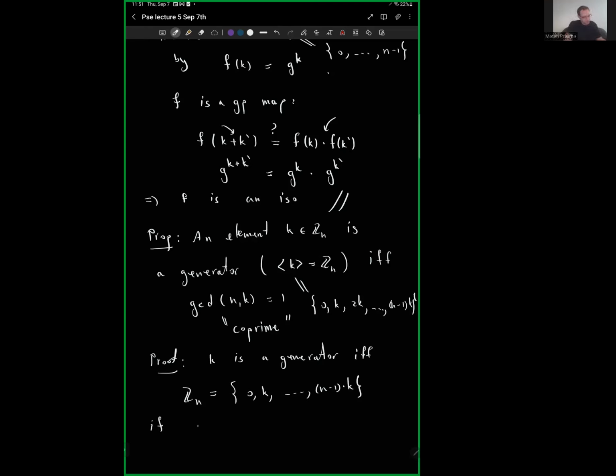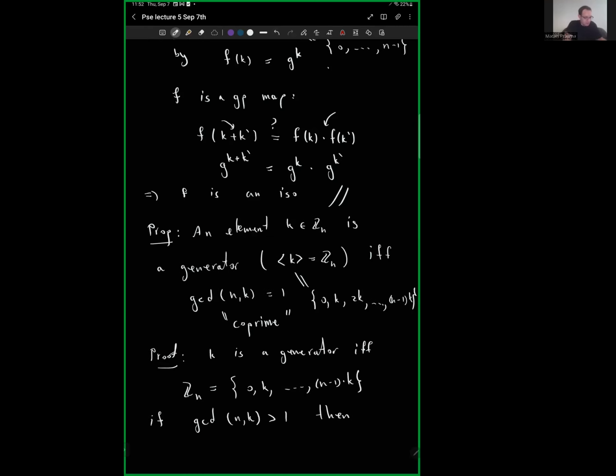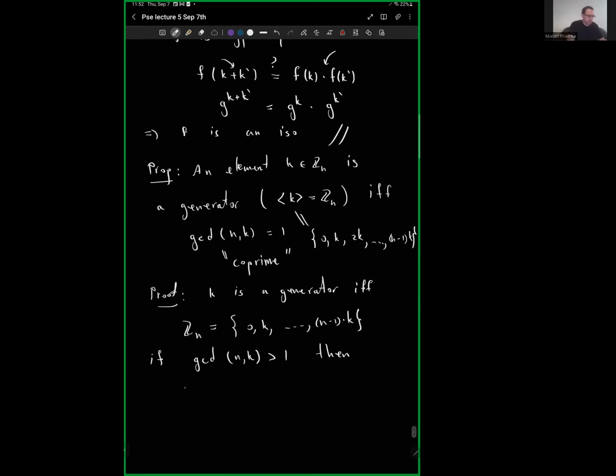If the GCD of n and k is bigger than 1, let's say this GCD I call gamma, then I can write n equals gamma times s, and k equals gamma times t.